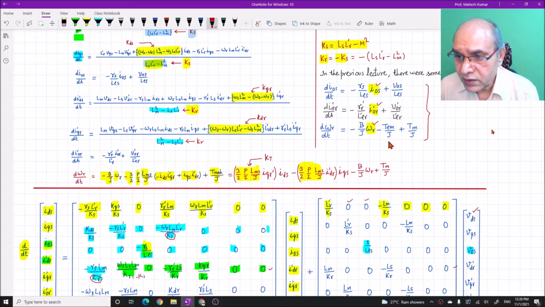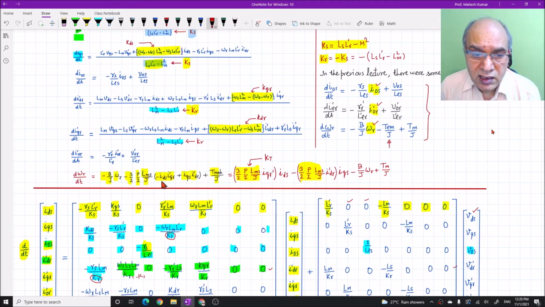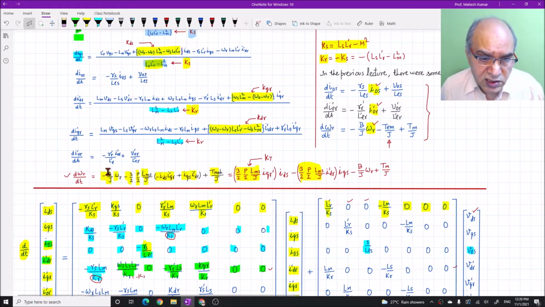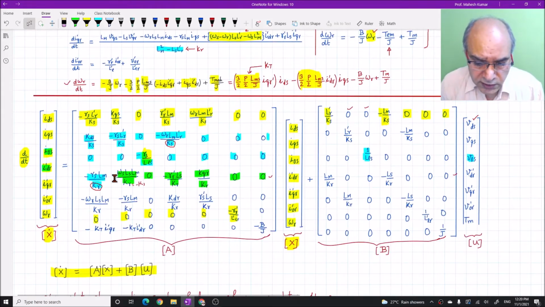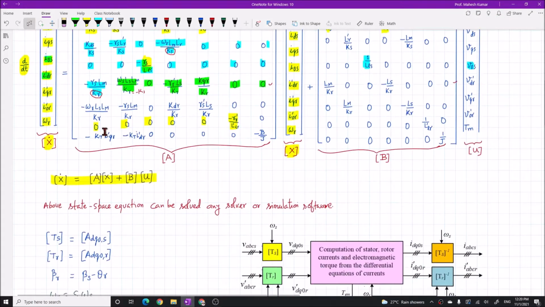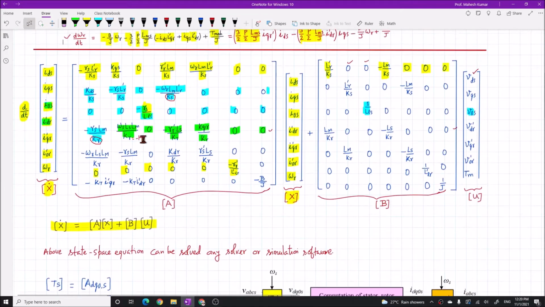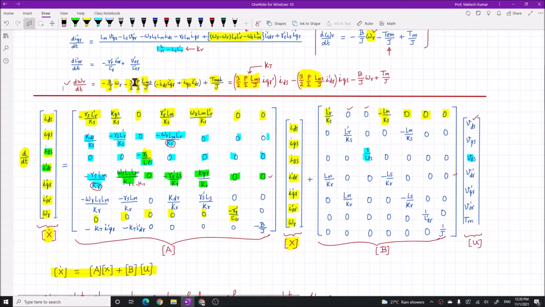So in this equation, we have expressed T electromagnetic in the form of the currents, and these are here: minus IDS IQR' plus IQS into IDR'. There is a coefficient of minus 3 by 2 into P by 2 into LMS by J. Therefore, this equation has been arranged in the 7th row, as you can see, minus KT IQR'. This is the KT constant.